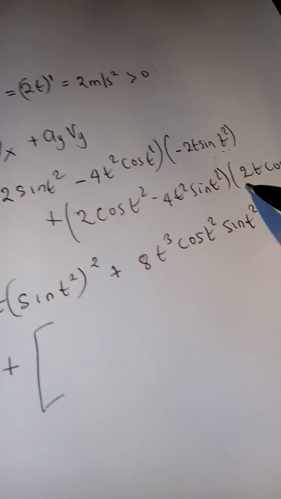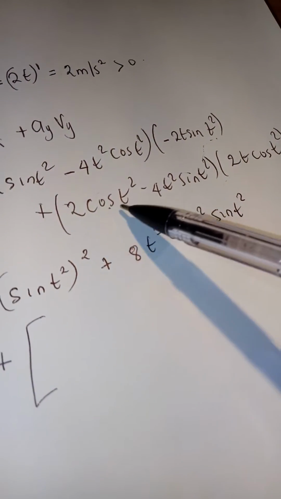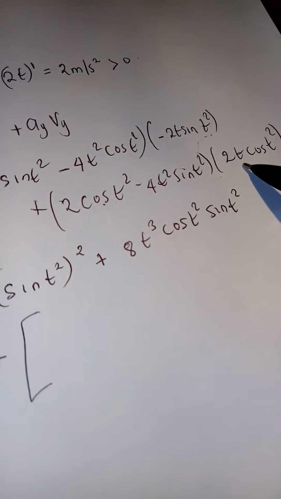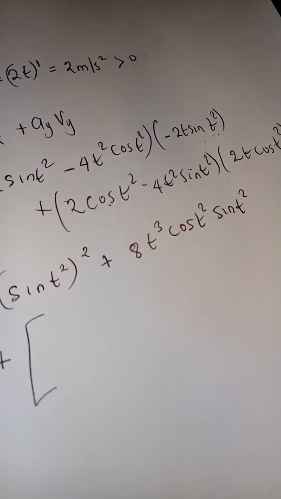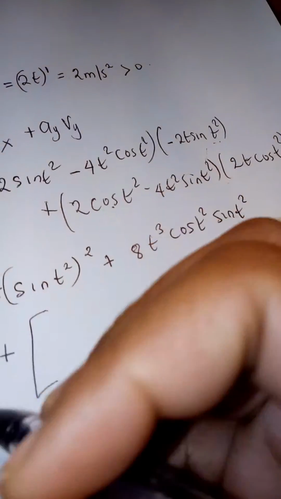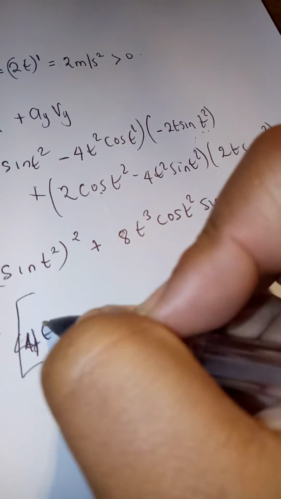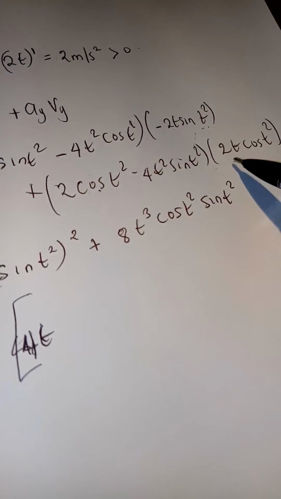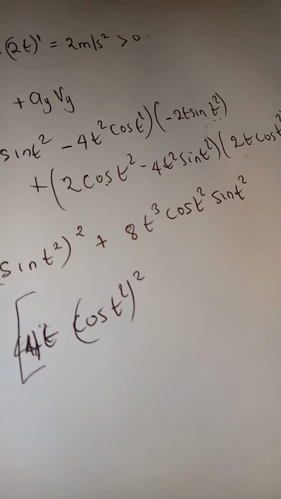Then we add it to this. So here we have 2t cosinus t square times 2 cosinus t square. That's positive. So it's going to be positive 4t cosinus t square, everything square.